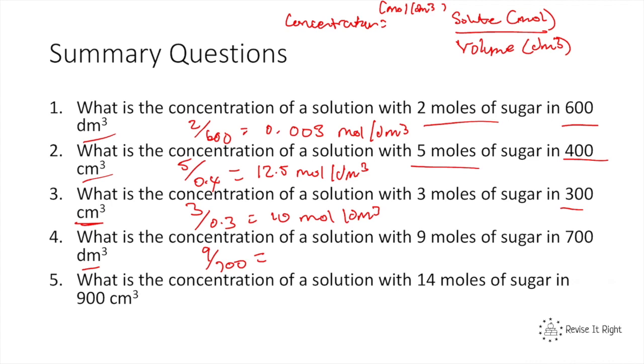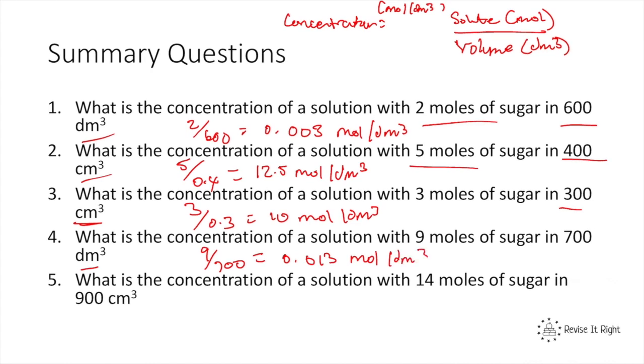Put that into calculator, get 0.013 moles per decimeter cubed. And then finally, for the last one you should have done 14 divided by 0.9, as we've converted this to decimeters cubed. And you should have got 15.56 moles per decimeter cubed.